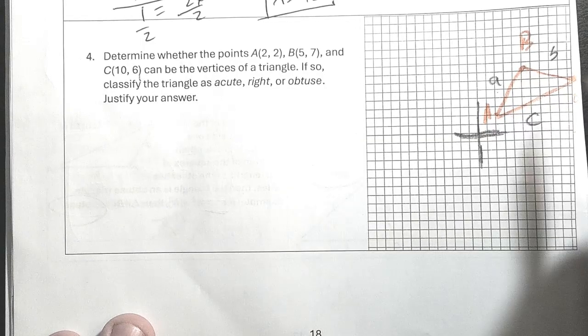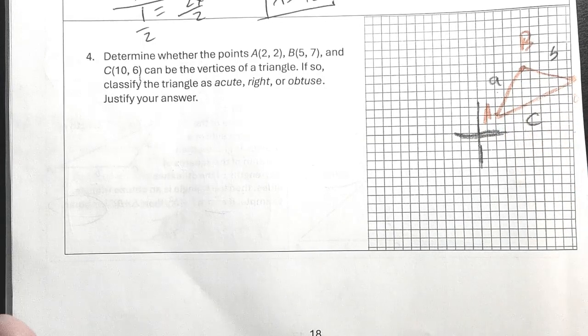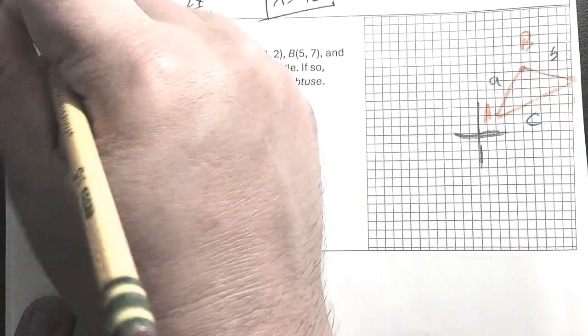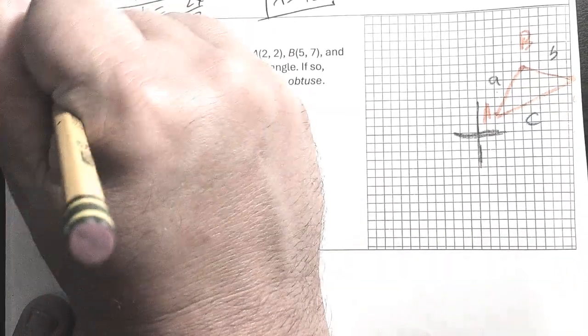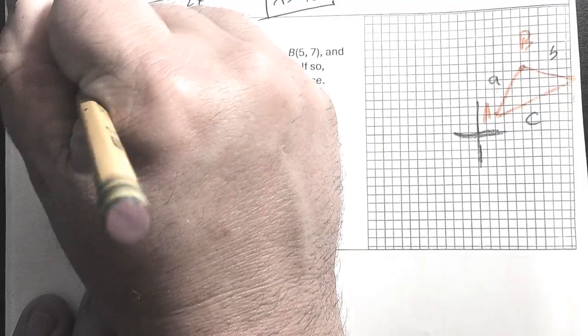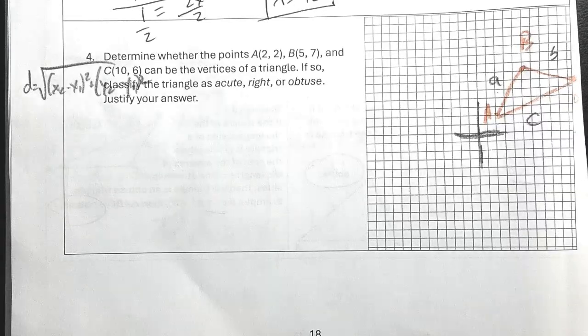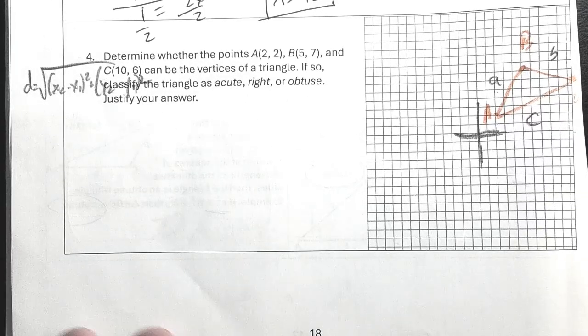Because it could be the hypotenuse if it's a right triangle, but if it's not, then it's not. So distance: x sub 2 minus x sub 1 squared, y sub 2 minus y sub 1 squared, and even if you can't see it, it's on the reference sheet.